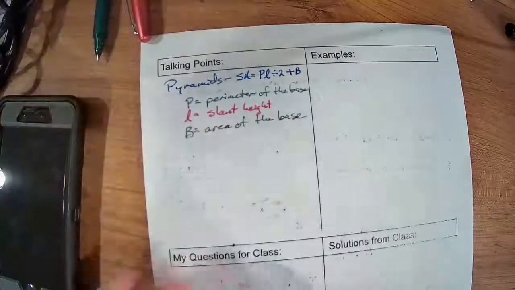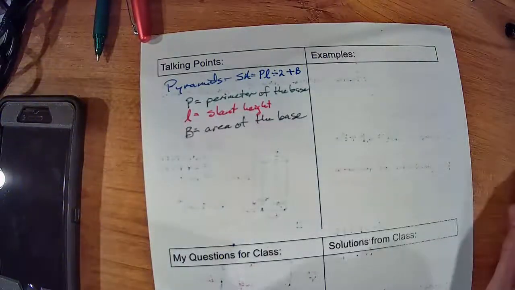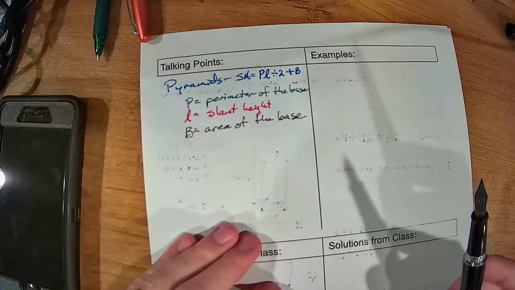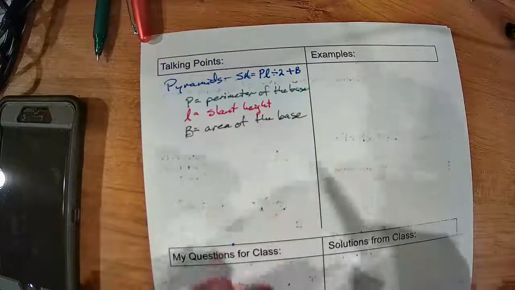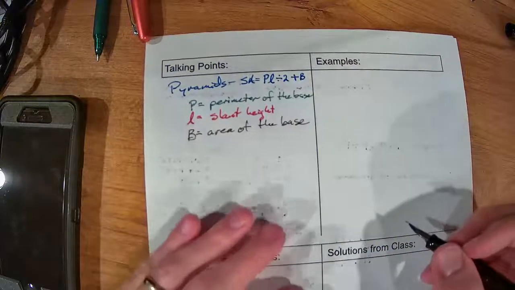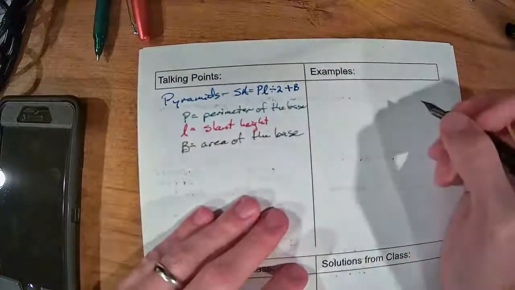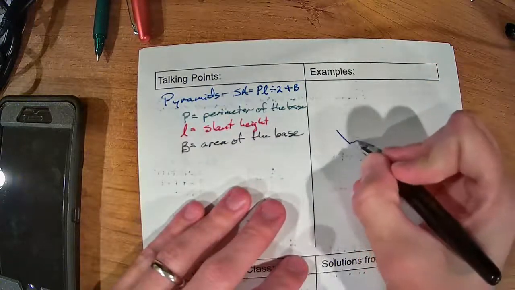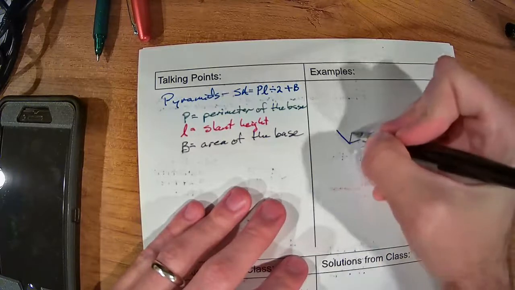So let's draw a pyramid and see what we can do. Let's do a square pyramid, since our formula works best for that. So let's see if I can draw a decent square, something like that.